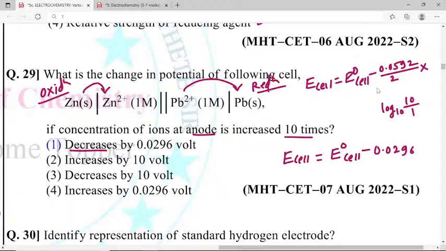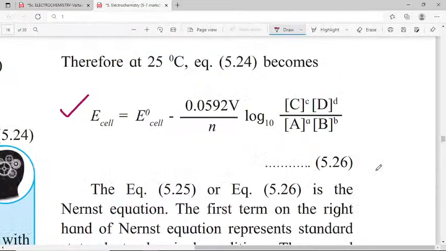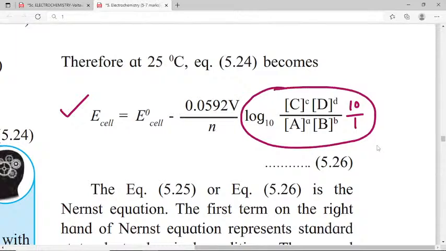What is the change in potential of the following cell? The cell potential should be decreased by 0.0296 volt. I am using the Nernst equation, 10 divided by 1, log 10 to the base 10 is 1, and this is the n value.